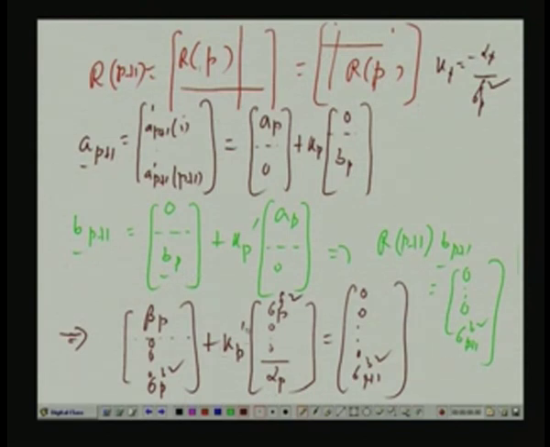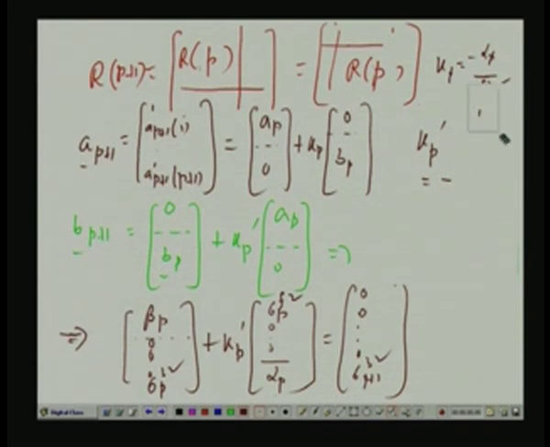So, I can find out what K_p prime is. K_p prime should be equal to this. I think this was previously wrong.